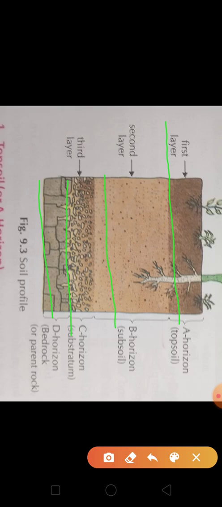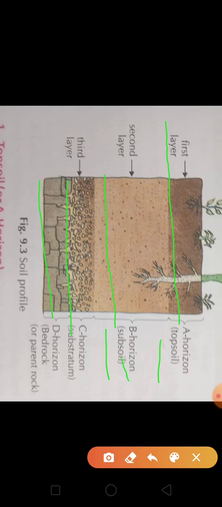The first layer, that is topsoil, the uppermost soil, is called the A horizon. The second layer, you can see on your screen, is subsoil and it is called the B horizon.